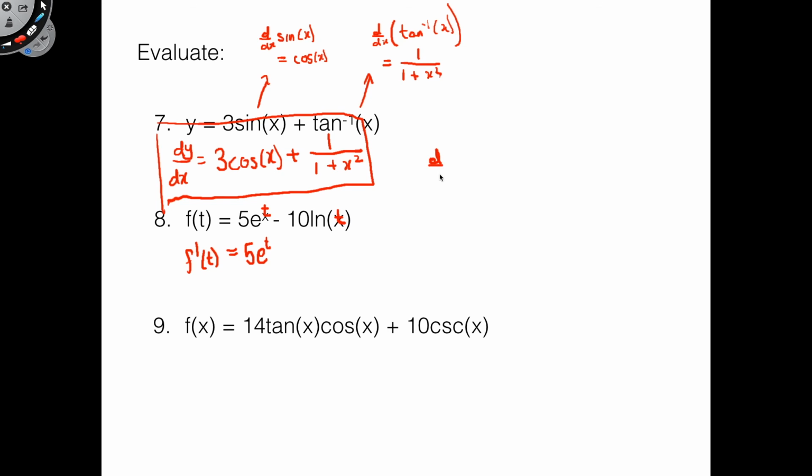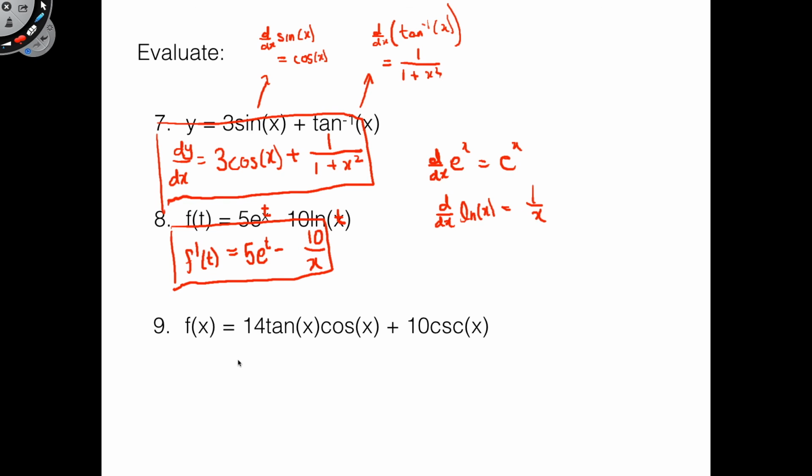Because d/dx of e to the x is e to the x, so 5e to the t minus the derivative of ln of x, which is 1 over x, so minus 10 over t. Once again, this is a very either-you-know-or-you-don't problem.